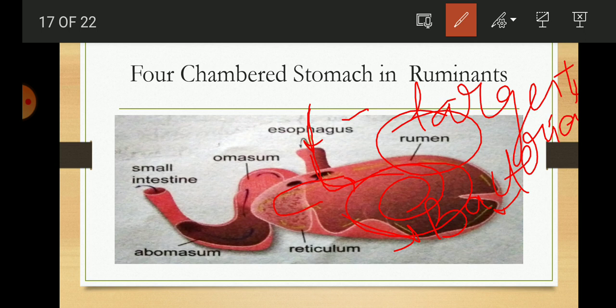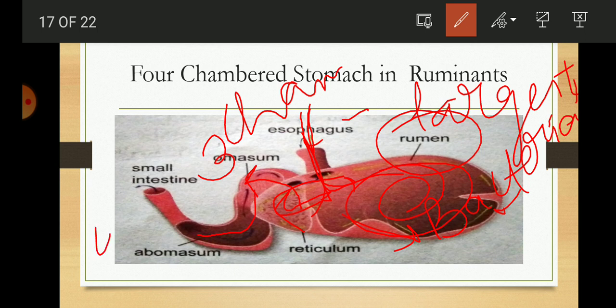Then this food goes again into the mouth for chewing, and again it comes into the rumen part, and thereafter it passes into the reticulum region, and from the reticulum the food goes into the omasum, that is the third chamber. Thereafter the food goes into the abomasum. Abomasum is the fourth chamber, and thereafter it goes into the small intestine.